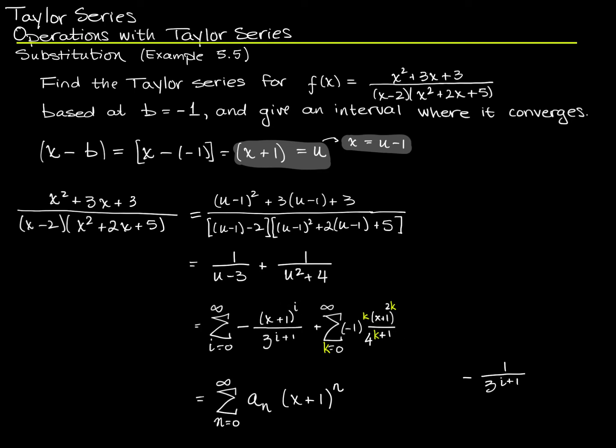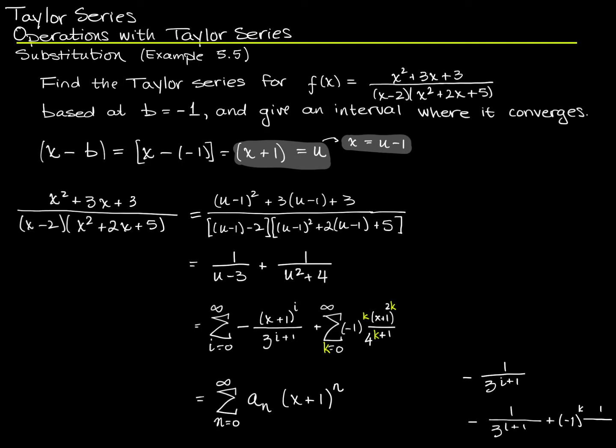So I'm going to have negative 1 over 3 to the I plus 1 plus negative 1 to the power of k, because that's the dummy variable we were using in that sum. And I already have my x plus 1, so I don't need that.